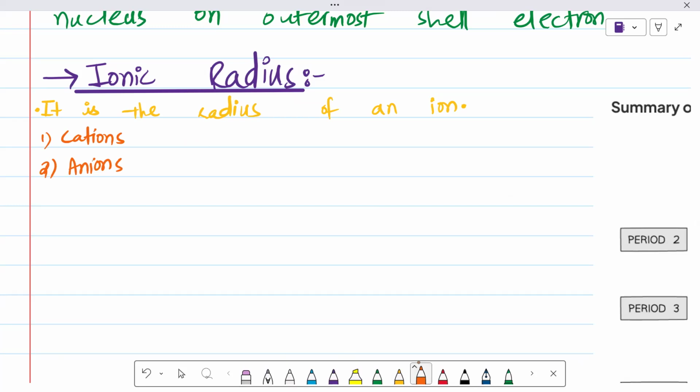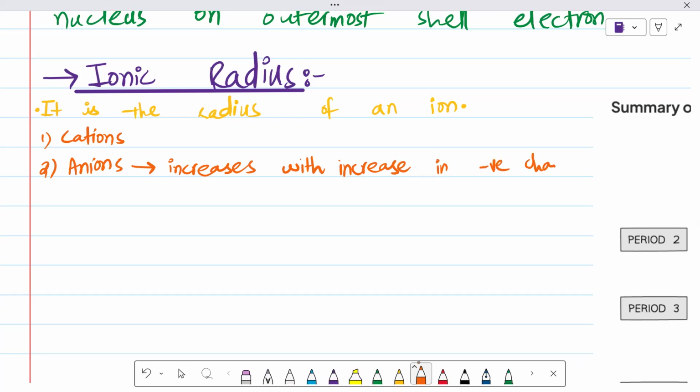The anions. You see, the ionic radii of anions is more. It increases with the increase in negative charge.